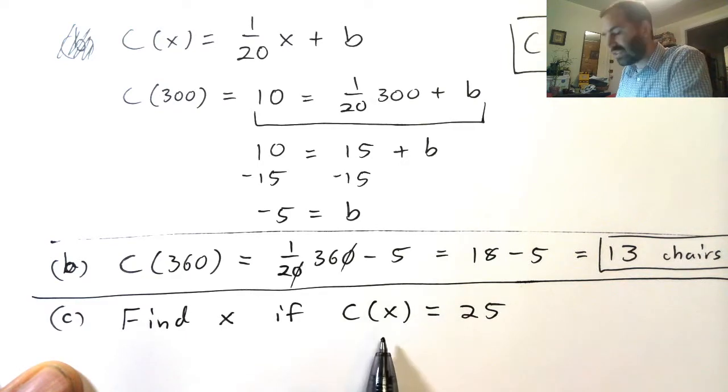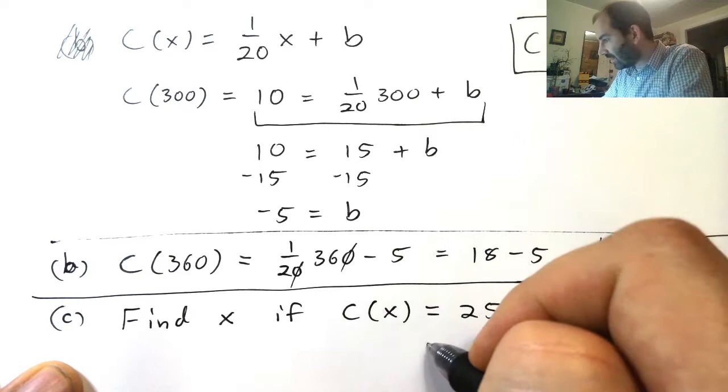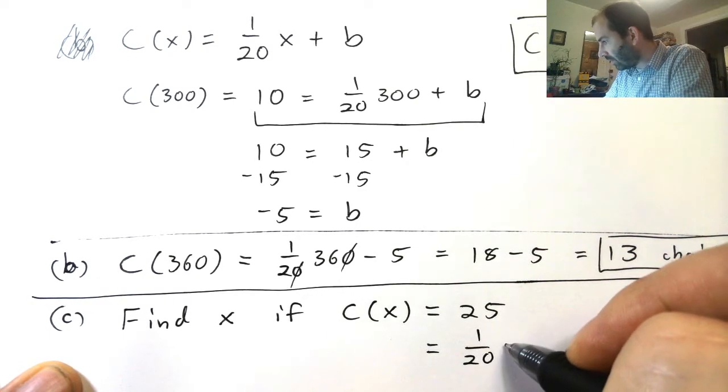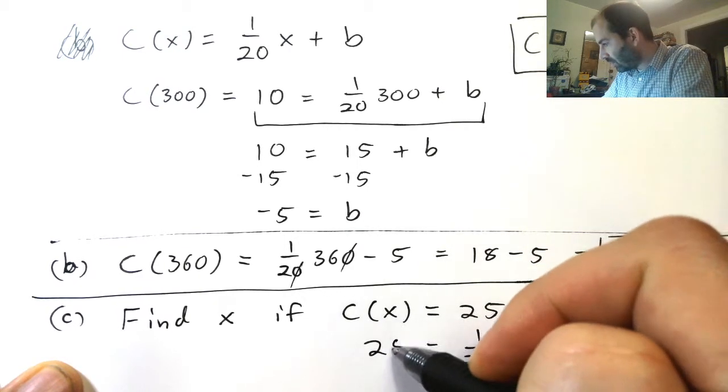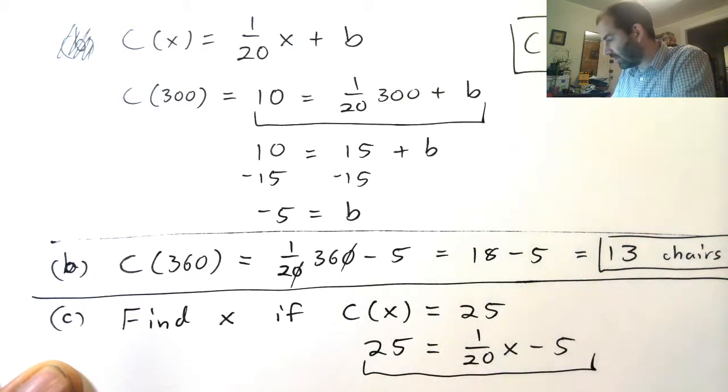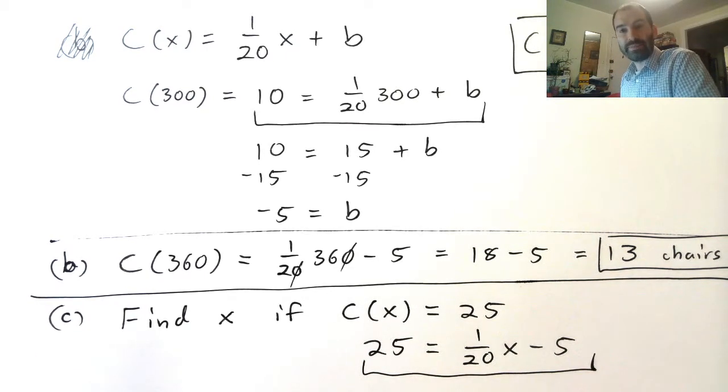C of x is 1 over 20x minus 5. So we're saying that 1 over 20x minus 5 is 25.